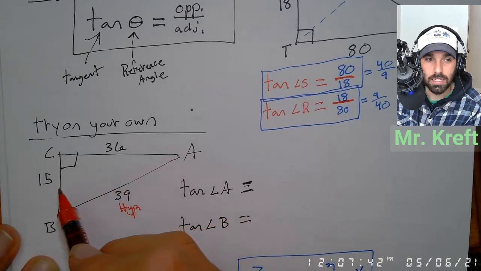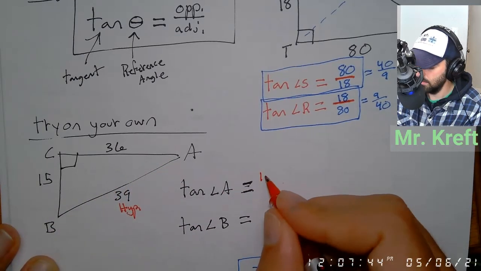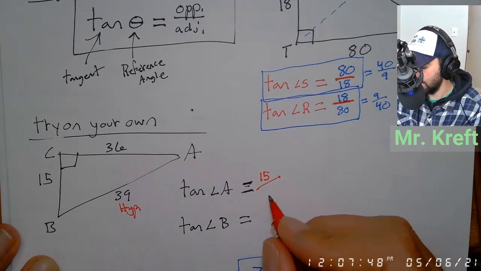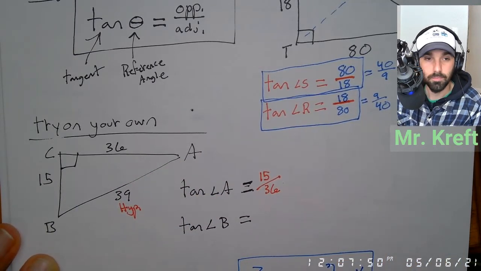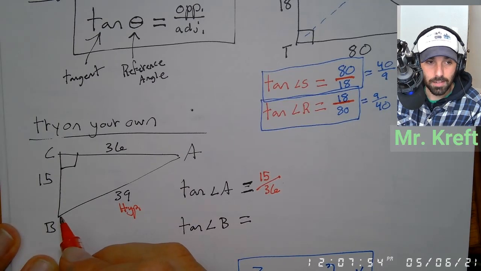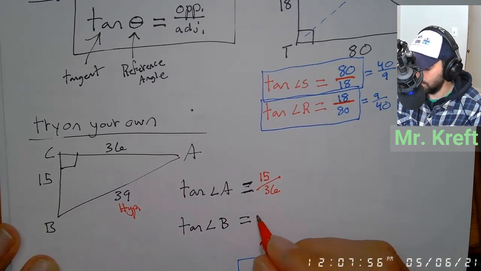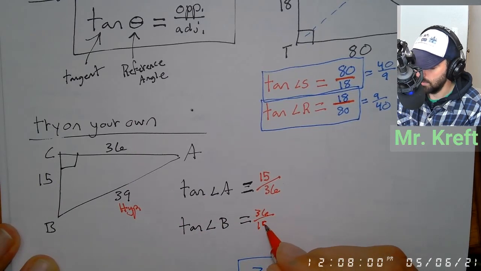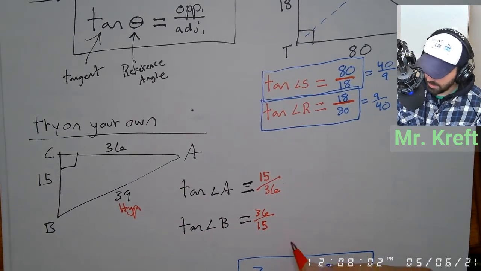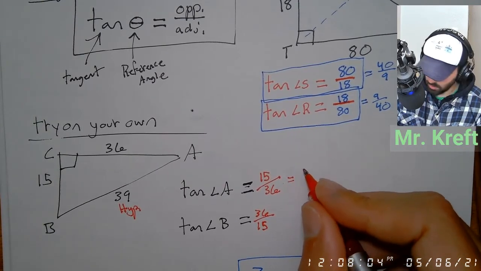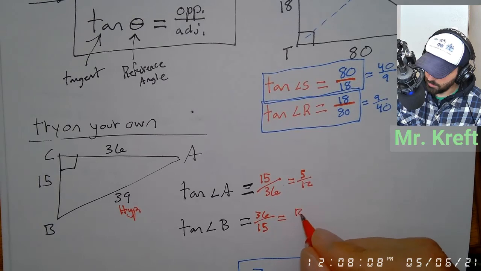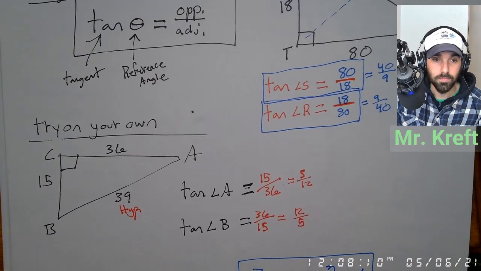Opposite of angle A is 15, and adjacent to angle A is 36. Then opposite of angle B would be 36, and adjacent would be 15. Now you can simplify these. These simplify to 5/12 and 12/5.